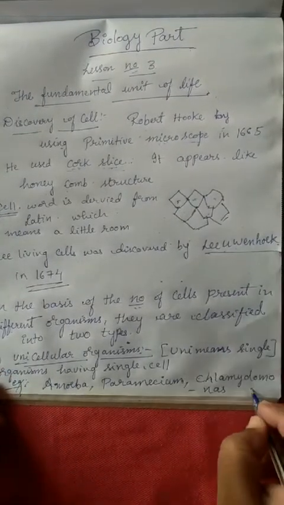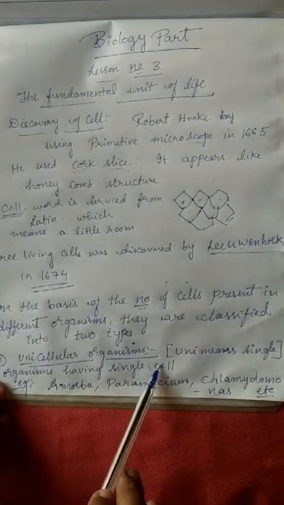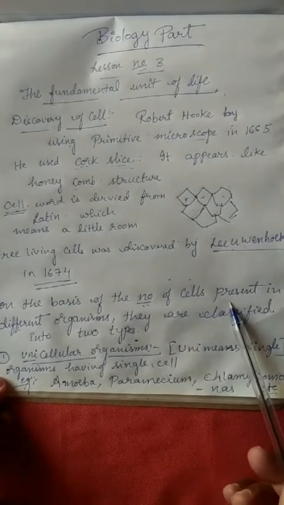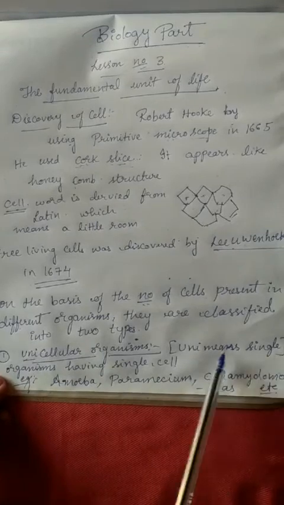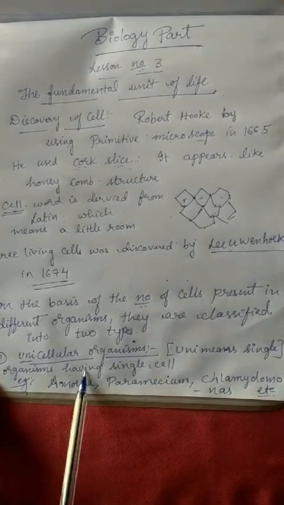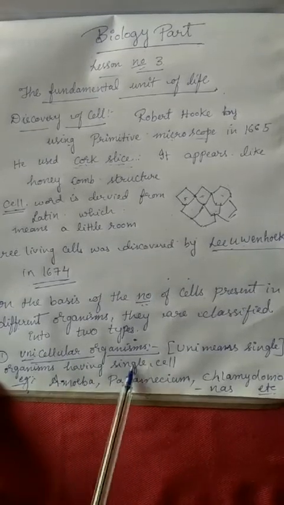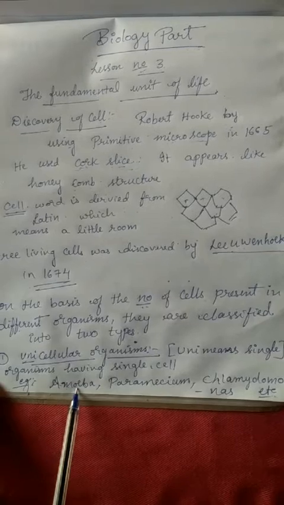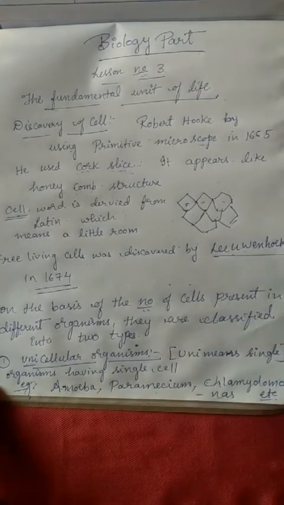These are some examples of unicellular organisms. On what basis are they classified? On the basis of the number of cells. So the first one is unicellular organisms: organisms made up of a single cell, for example amoeba, paramecium, Chlamydomonas, bacteria, etc.